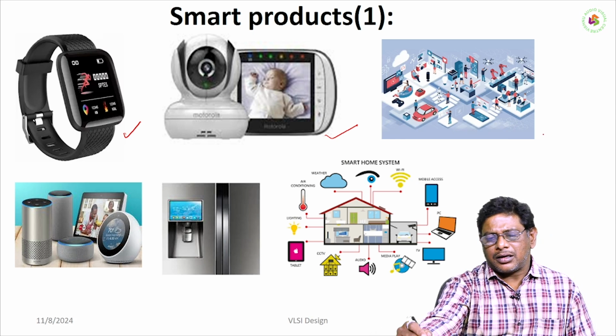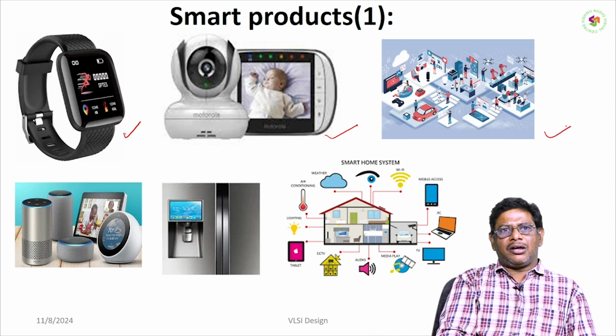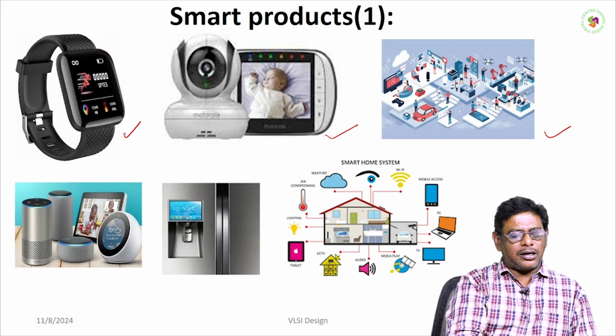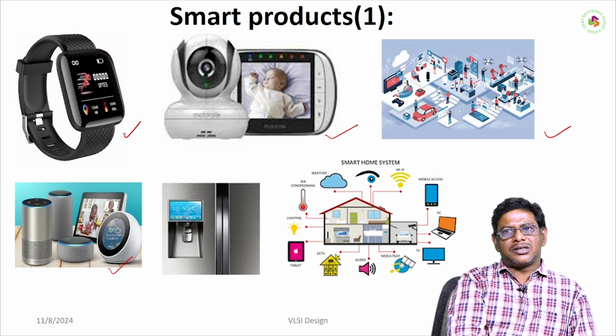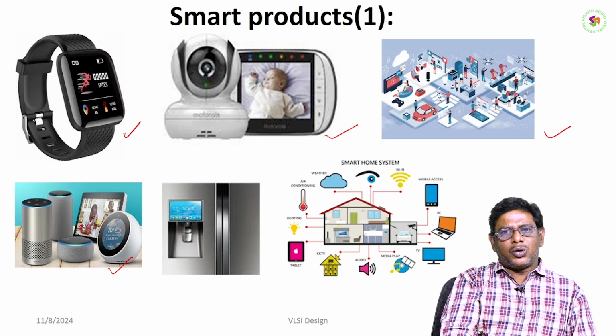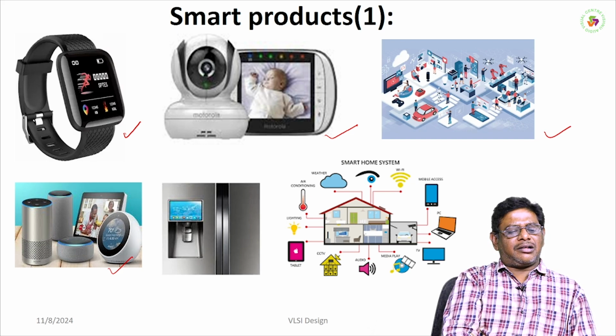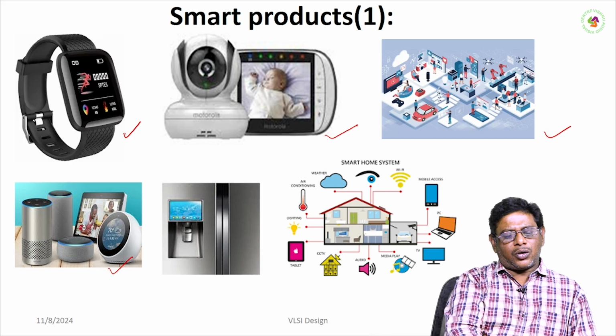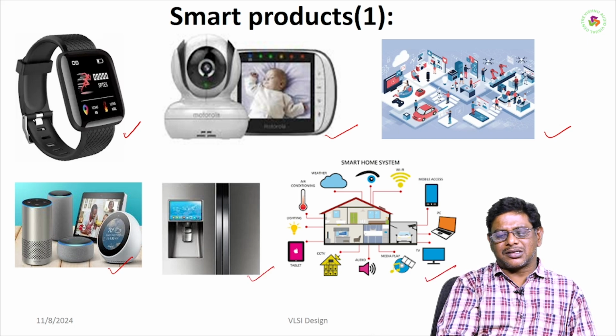Coming to the smart cities culture, a number of devices are interconnected together, like routers, switches, and so on, so that our life becomes convenient and easy. Not only that, Bluetooth speakers, which we can interact with directly so that the sound can be heard instantaneously, and also fridges and smart home systems.